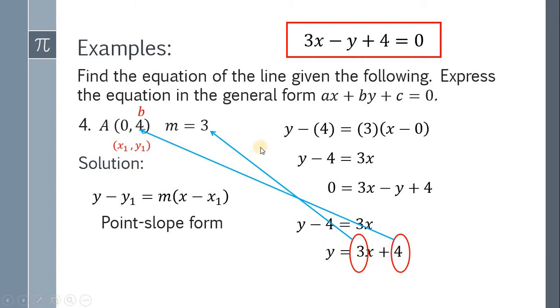So meaning, kung yung slope yung given at yung y-intercept yung given, pwedeng ganito na yung gamitin natin. We have y equals mx plus b, wherein yung m yung slope at yung b yung y-intercept. That's why ang tawag dito sa formula na to is slope-intercept form. Given yung slope, given yung y-intercept, gagamitin natin is y equals mx plus b.